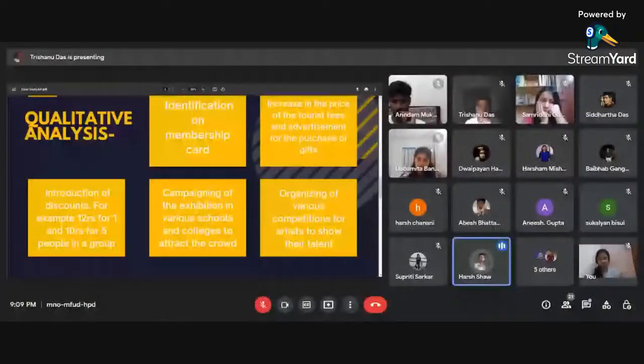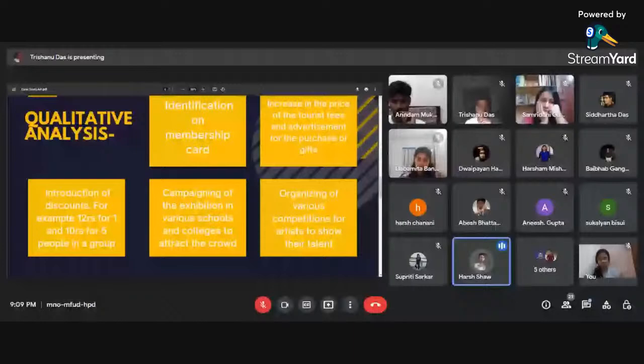Introduction of discount, for example, 12 rupees for one person and 10 rupees for 5 people in a group. So if one person is coming along with 5 other persons, maybe from his family or friends, they would get one person free and not have to pay any charge.